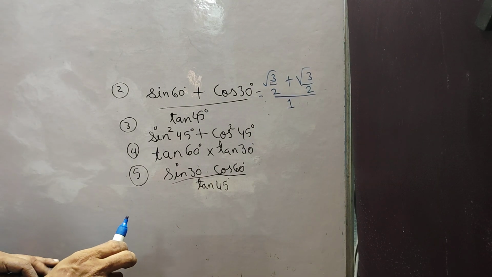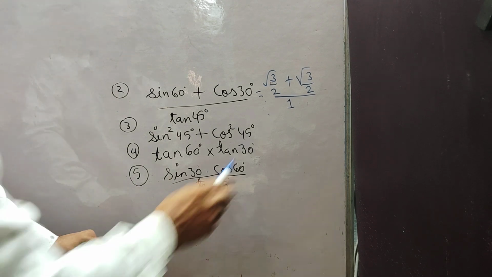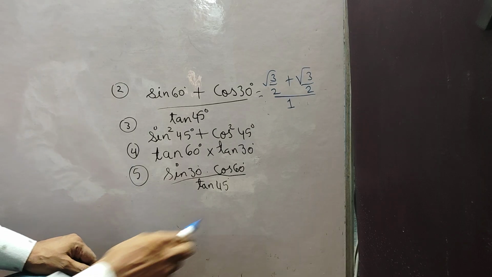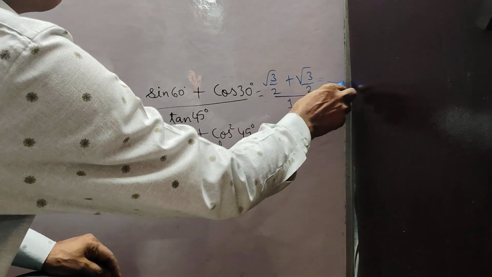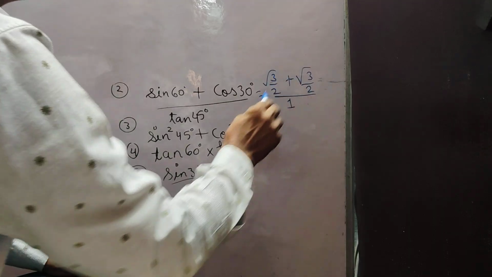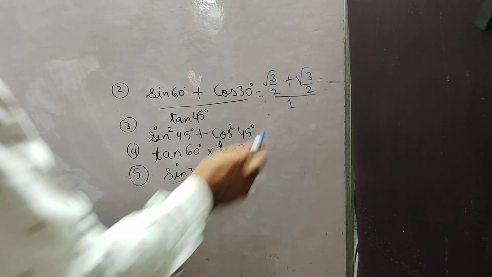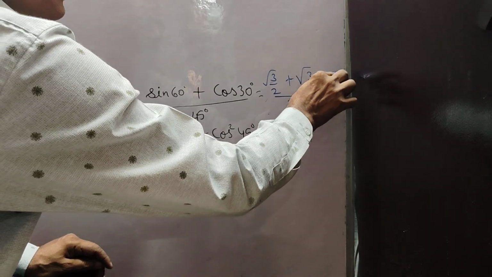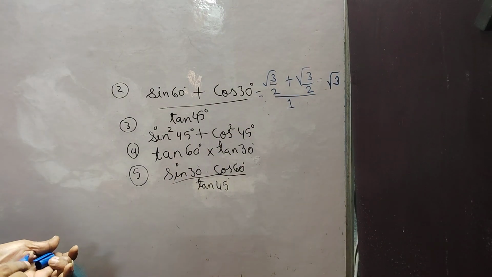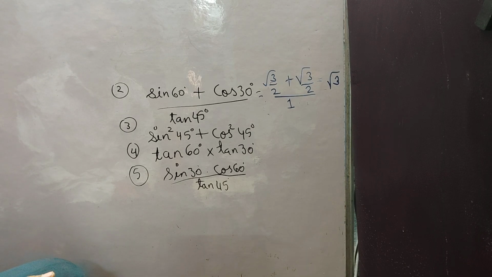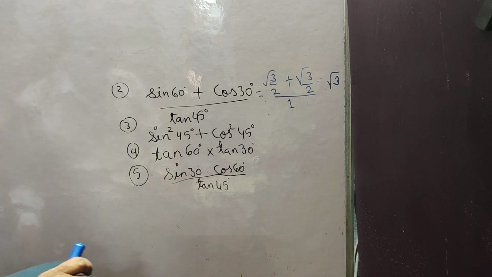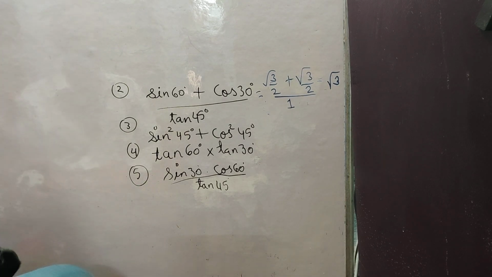So 1 in the denominator, there is no problem. We can erase it. And square root 3 over 2 plus square root 3 over 2, what does it make? We take LCM in the numerator. So it is 2 square root 3 over 2. So 2 cancels. Its answer is square root 3. So the second question's answer is square root 3. Come to the third part.